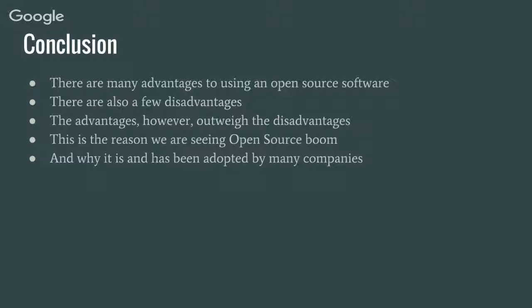It took off slowly from the 1990s. Linux was made in 1991 and is still being used today, like a lot of other programs. And we can see that this is being adopted by many companies and by many individuals. And hopefully in the future, everyone adopts open source.